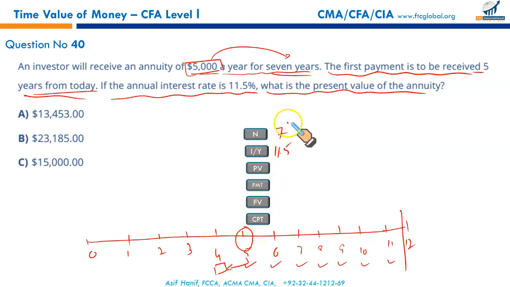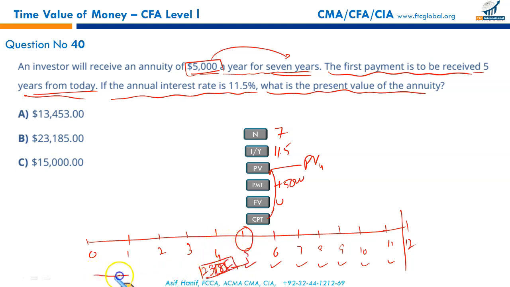So 7 periods, 11.5% interest rate, payment $5,000, future value 0. Simply press CPT and you will get the present value at the end of year 4, and it's going to be 23,185. This is the present value at year 4.